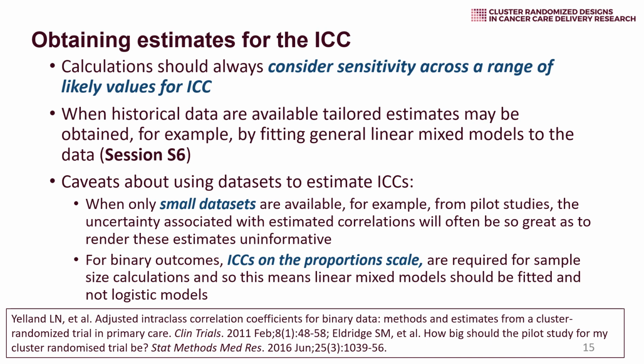First of all, if only small data sets are available, for example from pilot studies, the uncertainty associated with any estimated correlations from those data sets will be so great it will almost always render those estimates uninformative. The other thing to note is that when we are working with binary outcomes, the ICCs that we put into these calculations need to be on something called the proportion scale. And essentially this means that we fit linear mixed models, not logistic models, to estimate the ICCs.